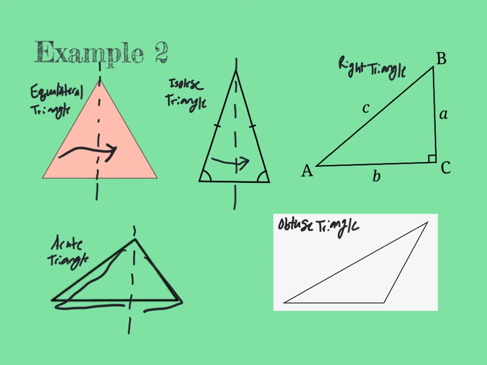For the right triangle, you could try it like this, fold it that way, and it would be symmetrical either way. And for the obtuse triangle, you could only fold it probably one way, because if you were to go this way, it wouldn't match on this side. So that is how each triangle in this example will be folded with symmetry.